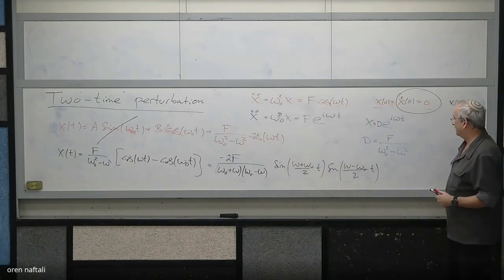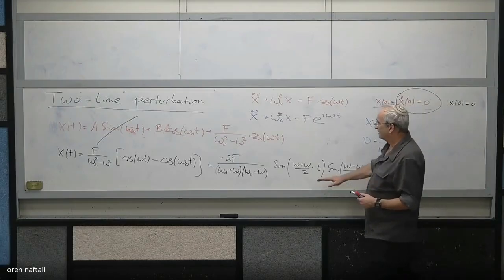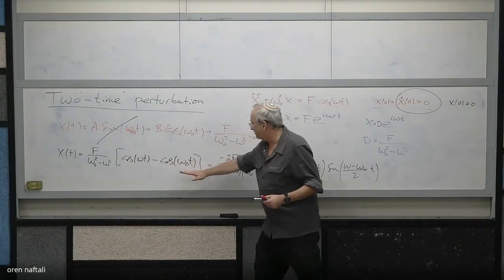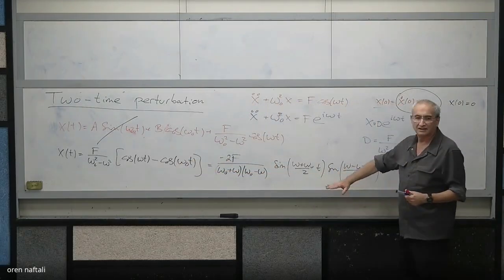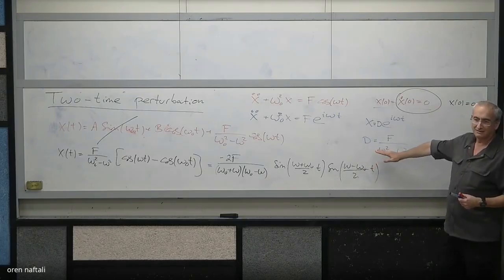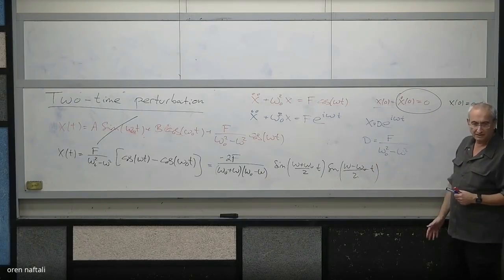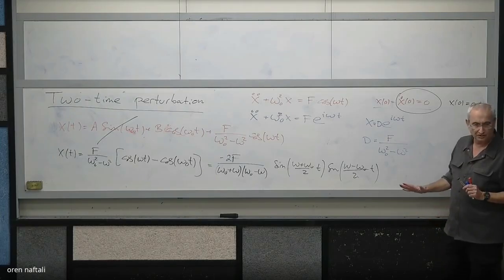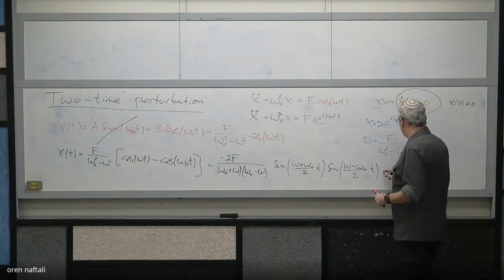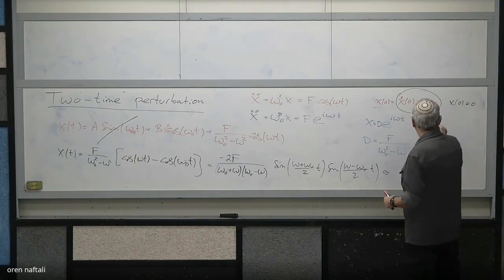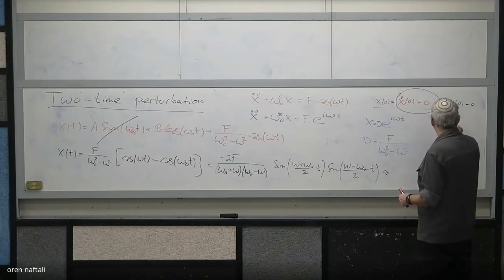Okay. Now, again, this equals that. This is a different analytic expression of the same thing. There is no approximation here. But now I would like to approximate it when omega goes to omega naught.